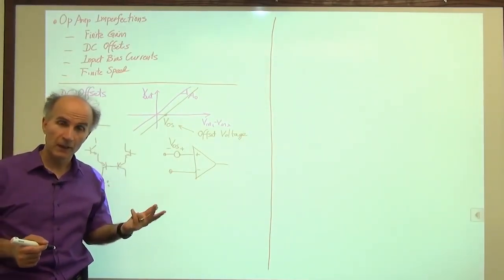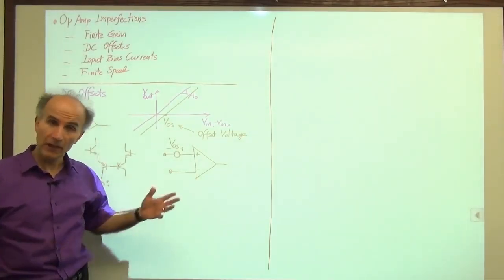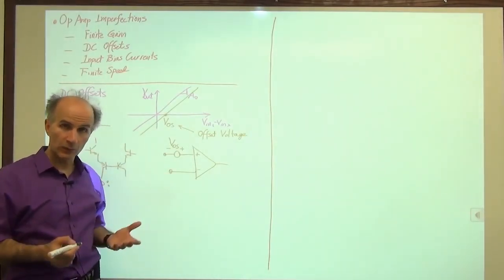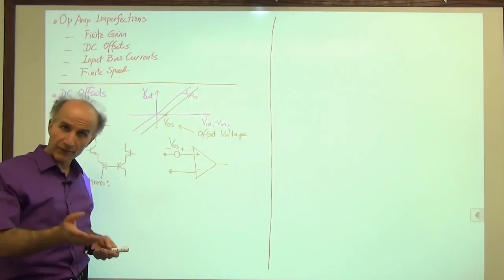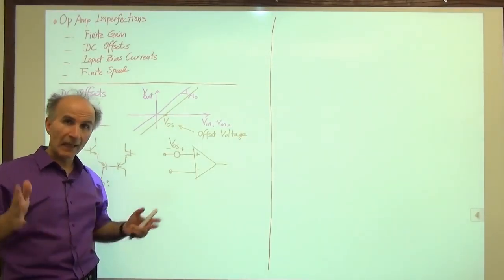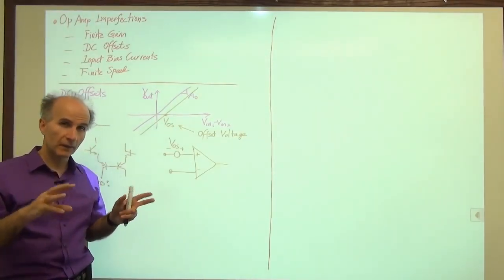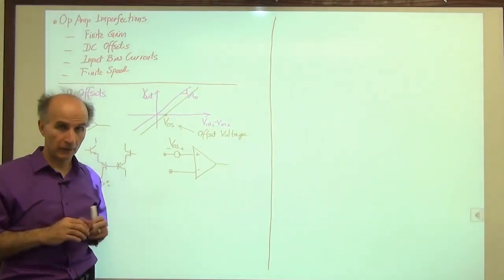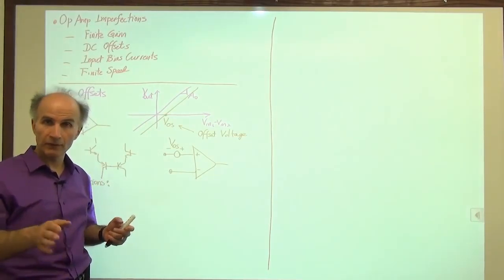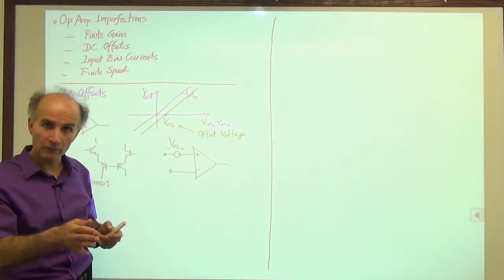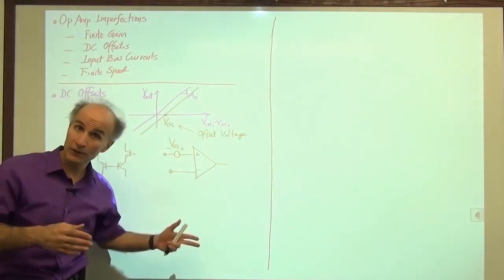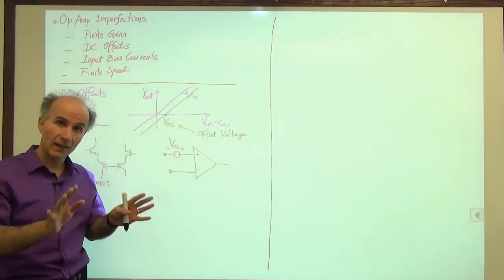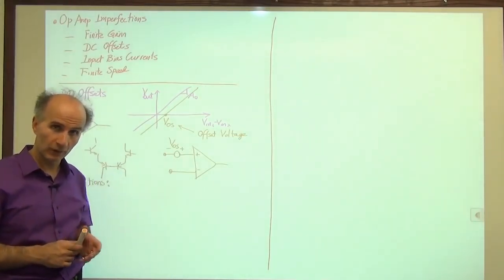What does that mean? Well, it means that if we take many samples of 741 and measure their offsets, what we will see is that most of them seem to have an offset of less than approximately plus or minus 2 millivolts. So it's a Gaussian distribution. Some of them have no offset, some of them have 0.1 millivolt offset, some of them have 3 millivolts of offset, but most of them seem to have an offset less than approximately plus minus 2 millivolts.